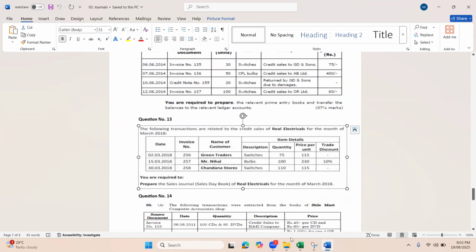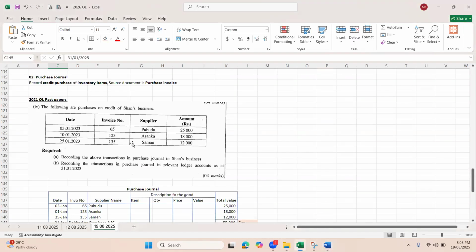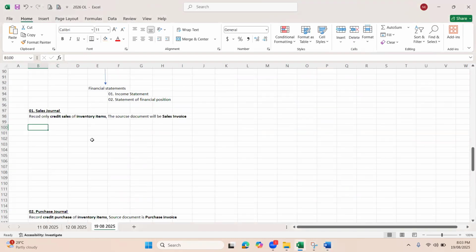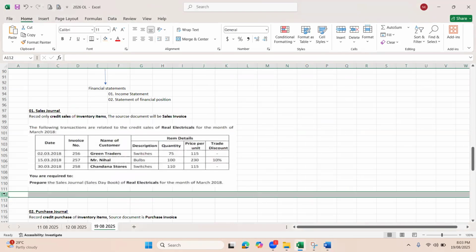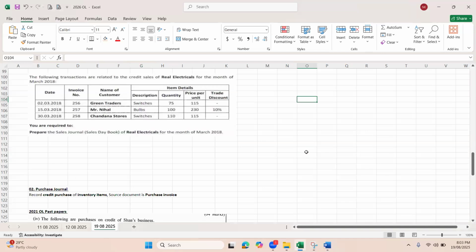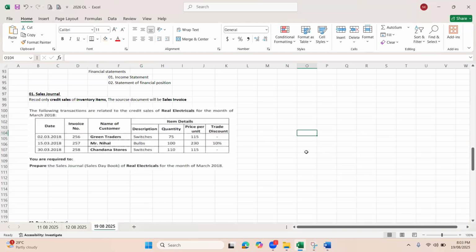See this question. This is an example for the sales journal. Here we learned that in the sales journal, the transactions that we record are credit sales of inventory items.